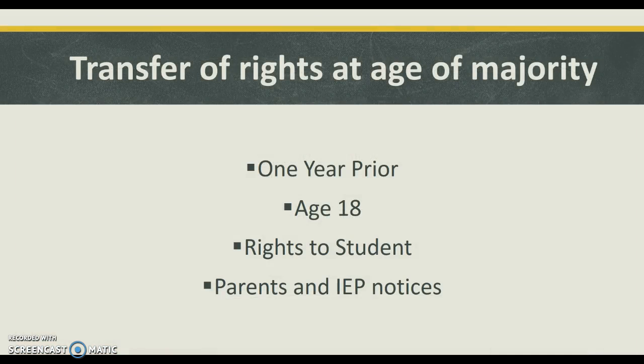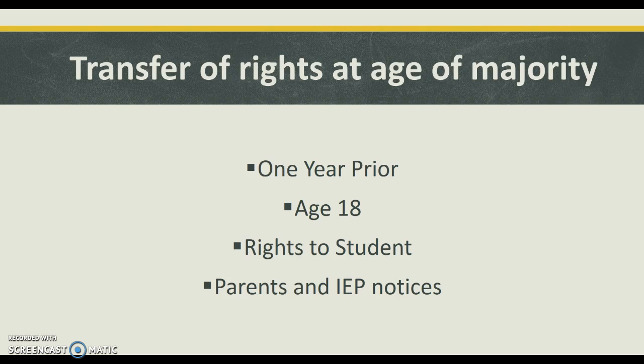And the next section is the transfer of rights at age of majority. So a year before they turn 18, they need to meet with the parent and the student because they can have their rights transferred to just the student. So then the rights will just be to the student.